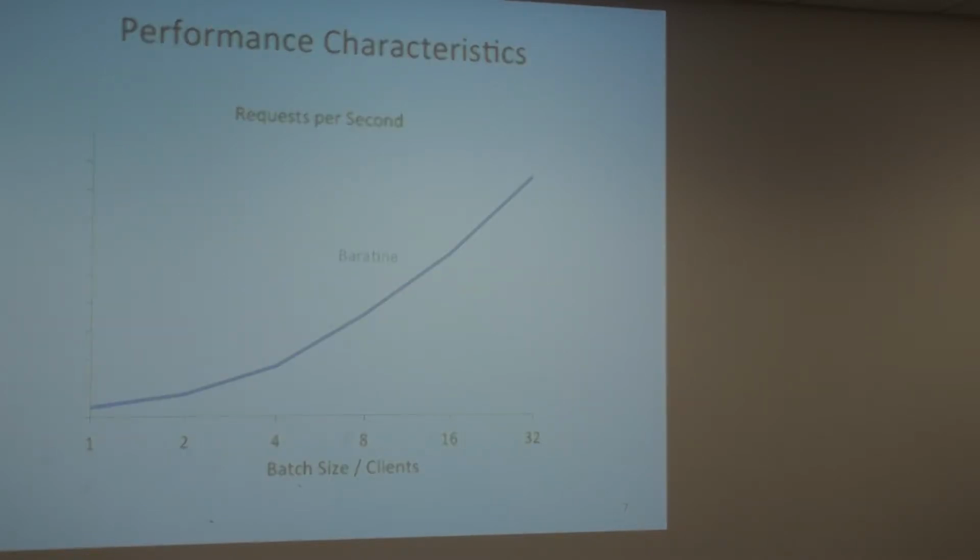Baratine performs very well and scales with the concurrency. It starts out slower because of the overhead of the inbox, but with the batching, your service becomes much more efficient as the batch size increases.